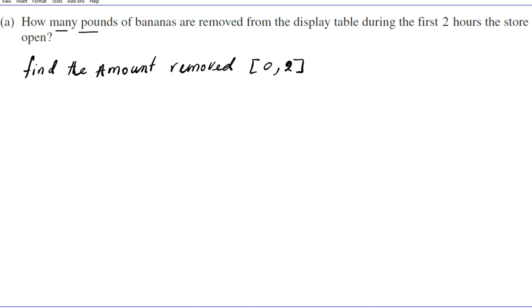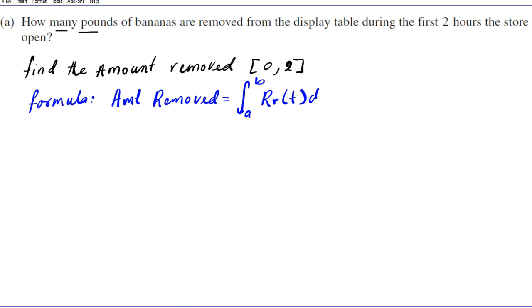So what's the formula to help us with this? If you look back to your notes, the amount removed is the accumulation of the rate of removal over the time interval. So it's the integral from a to b of the rate of removal with respect to time, dt.